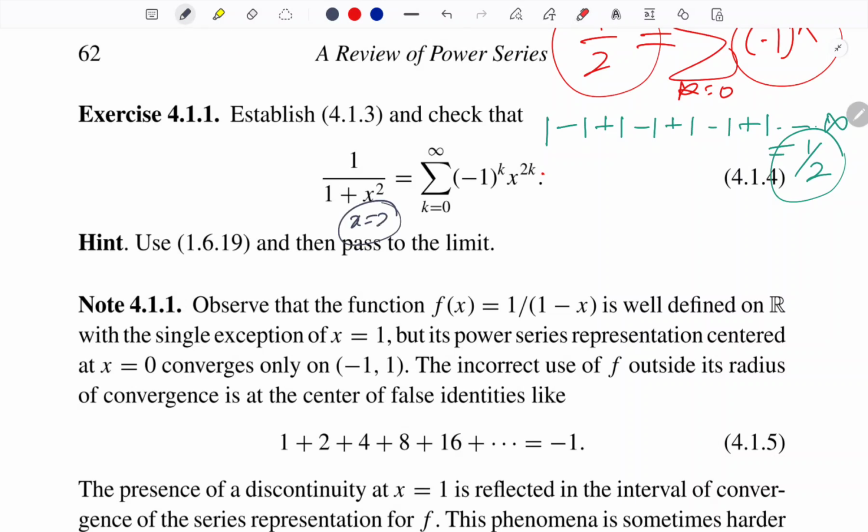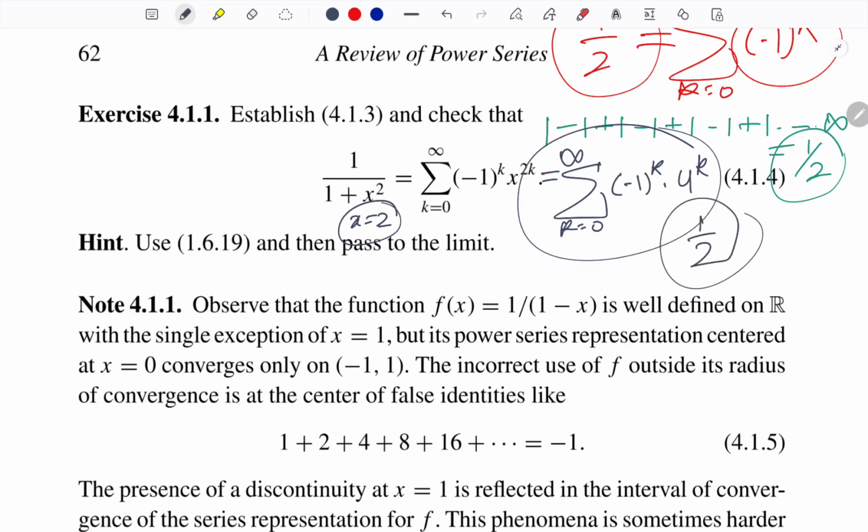Then we have 2 to the 2 times k, so it's going to be 4 to the k. So this series becomes the infinite series of (-1) to the k times 4 to the k. And when you solve this infinite series, you're going to have the result as 1 over 2.